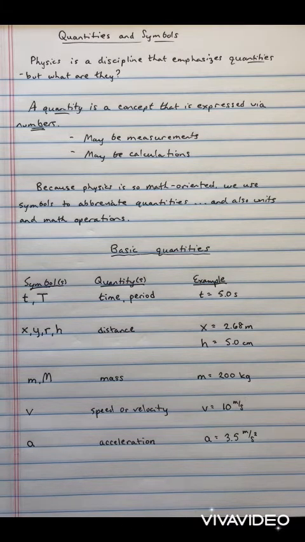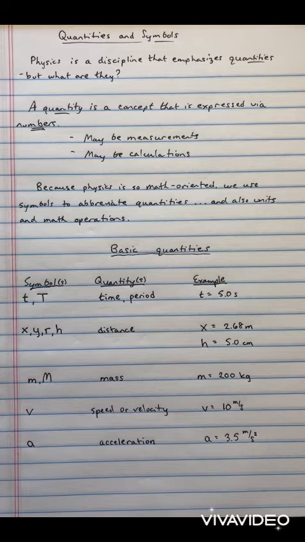Instead of writing out the word acceleration all the time, I can just write little letter a and I'm done. But also, in the long run, it's easier. Once you get used to using the symbols, it's a lot easier to write equations and calculations and measurements using the quantity symbols rather than always writing the quantity name out in full. So it's a lot easier for us to do it that way, and that's why we're doing it.